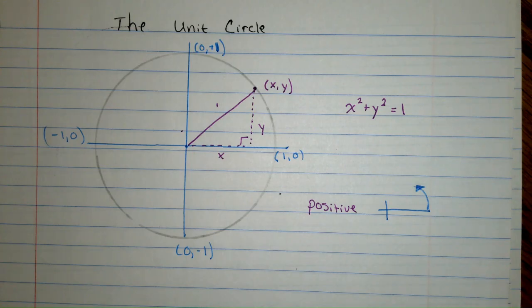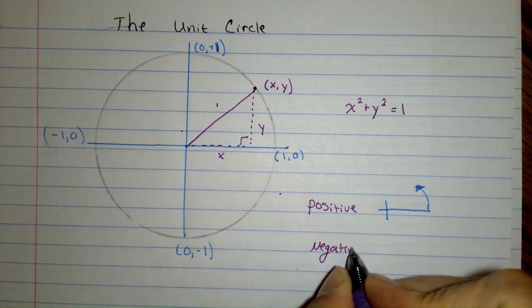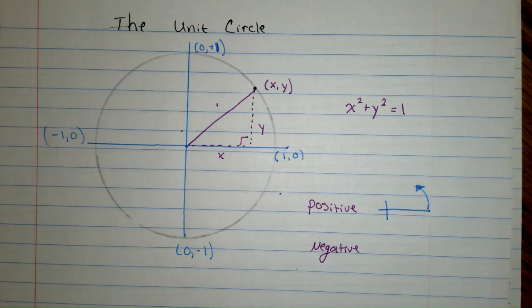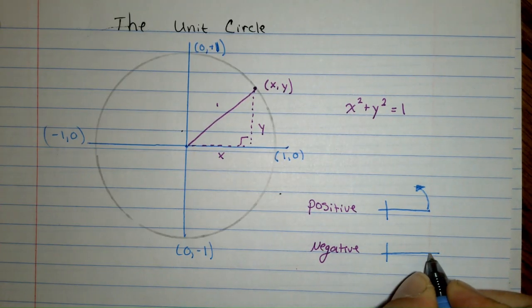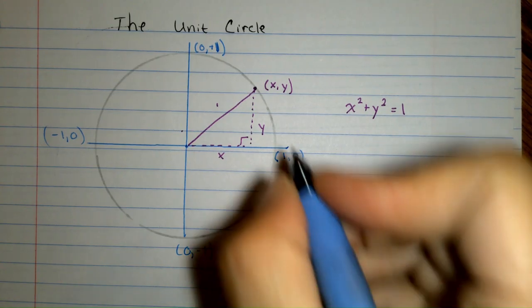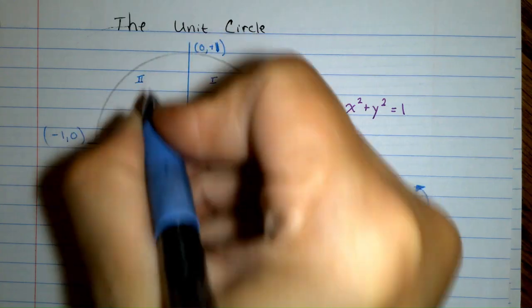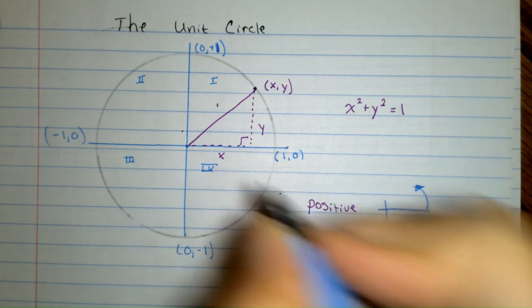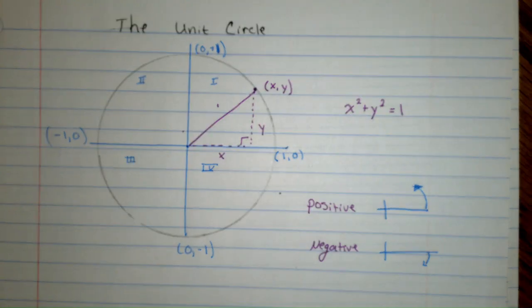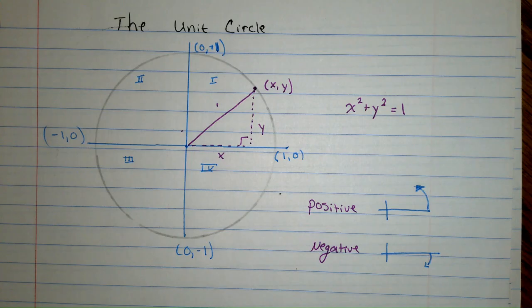If I wanted you to do a negative, instead of going up, we would go down. So when I say positive or negative, I'm just talking about the direction. And hopefully you remember that this is quadrant 1, quadrant 2, quadrant 3, and quadrant 4. So now you might understand why they're numbered 1, 2, 3, 4 in that order. It's because we went up from the start in a positive manner.